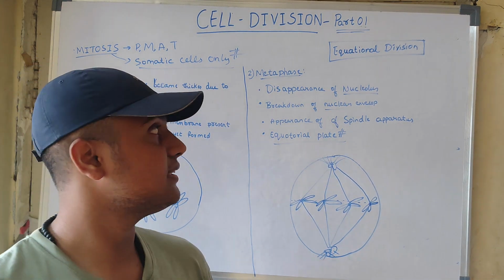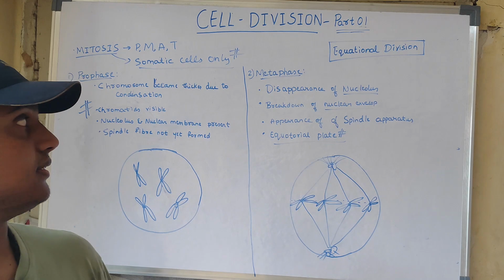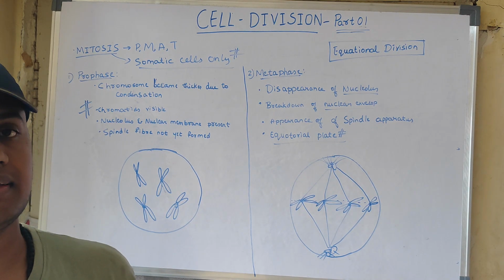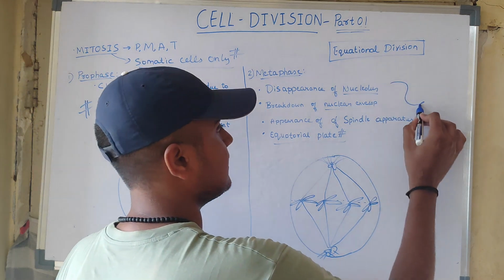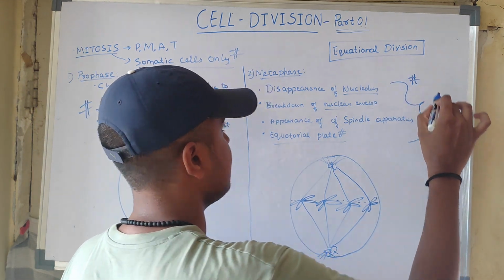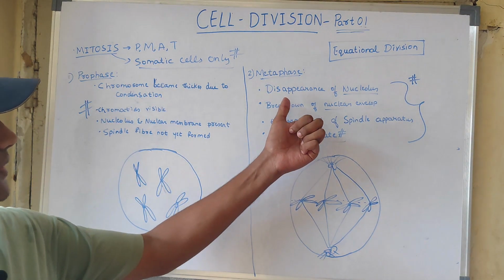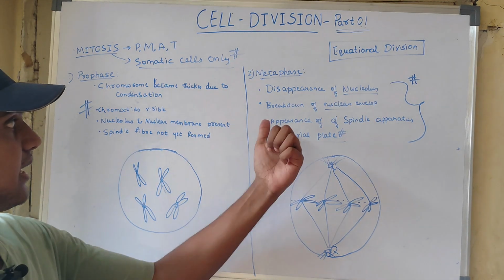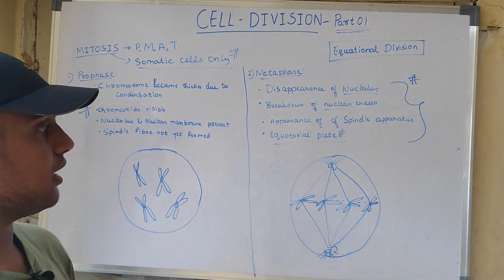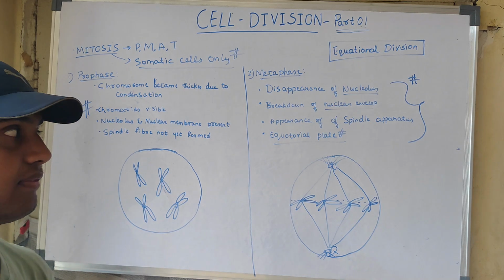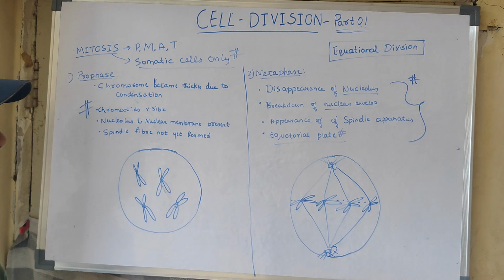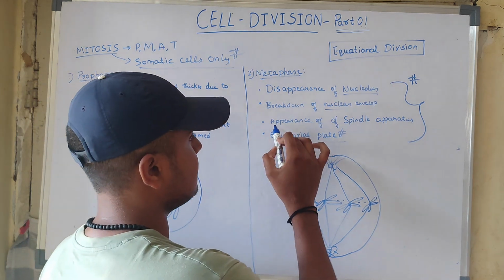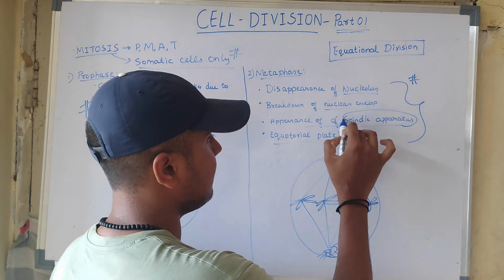And the second subphase is metaphase. Here there are four characteristic features, which are very important for your examinations. First characteristic feature is disappearance of nucleolus, and second is breakdown of nuclear envelope. You know, the nuclear envelope and nuclear membrane break down. And third characteristic is appearance of spindle fiber.